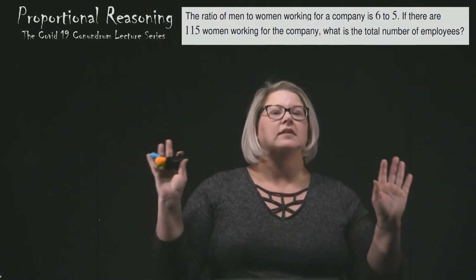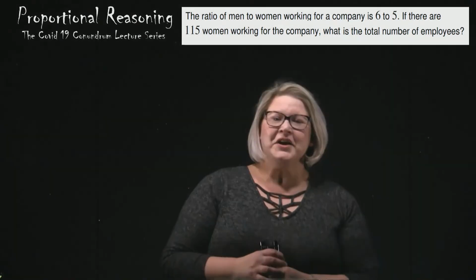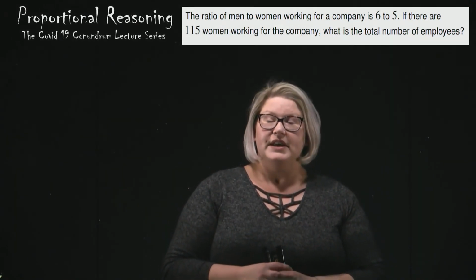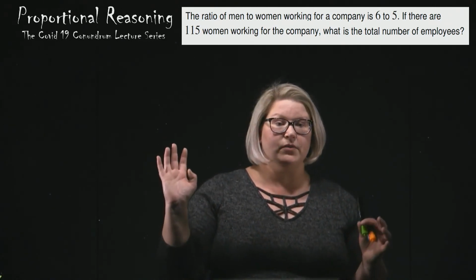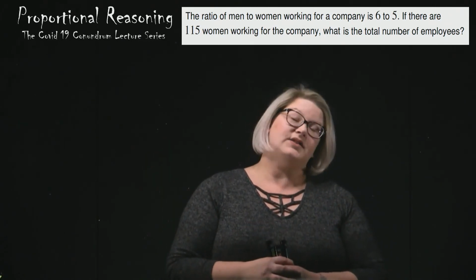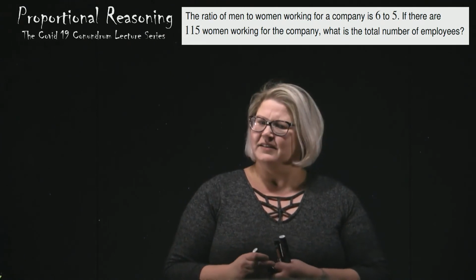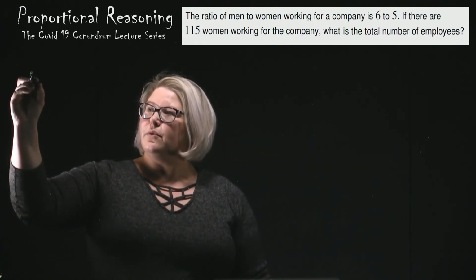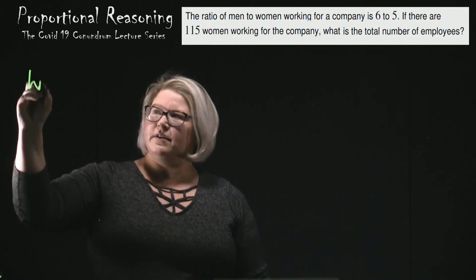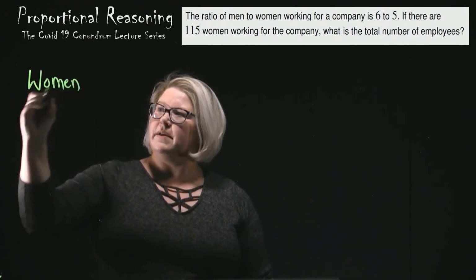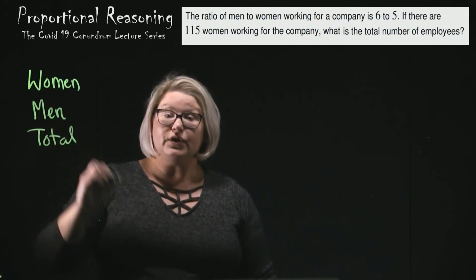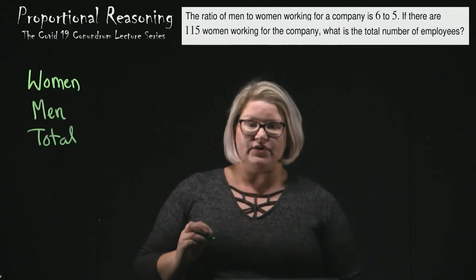Always test drive. The ratio of men to women working for a company is 6 to 5. If there are 115 men working for the company, what is the total number of employees? So look at our information. Notice we have the women, men, and the total number of employees mentioned.